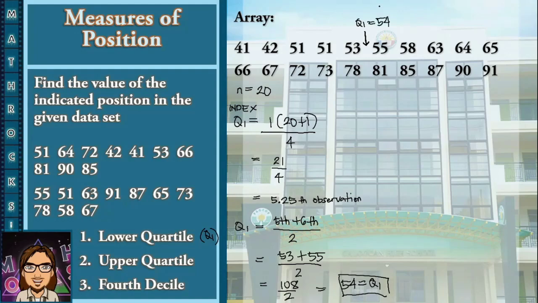And now let us have the upper quartile or the Q3. So I guess we can still have this space be utilized for the computation of number 2. This is for number 1. And for number 2, again, if we are looking for the upper quartile, that would be our Q3. So for Q3, we only need to have k be equal to 3.